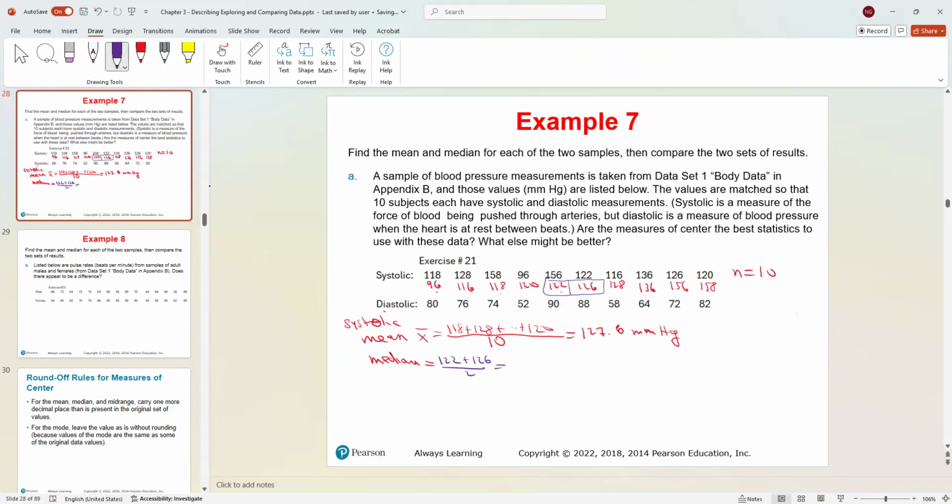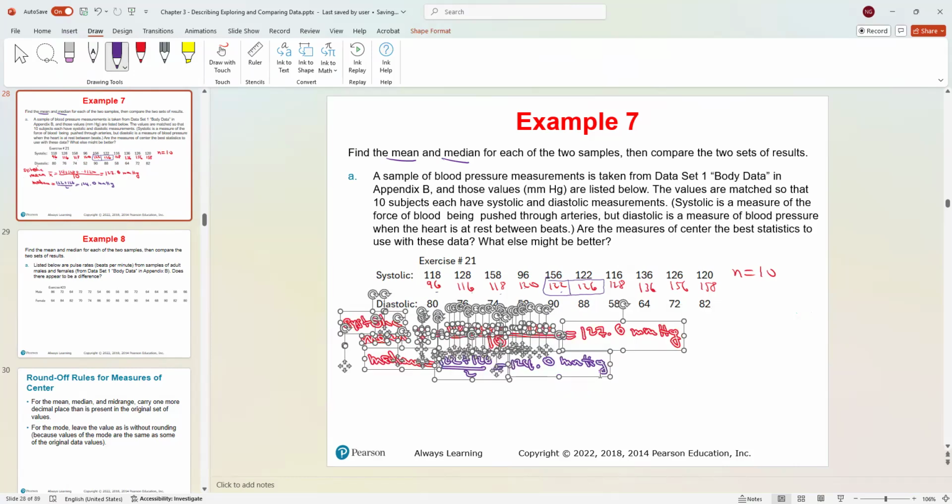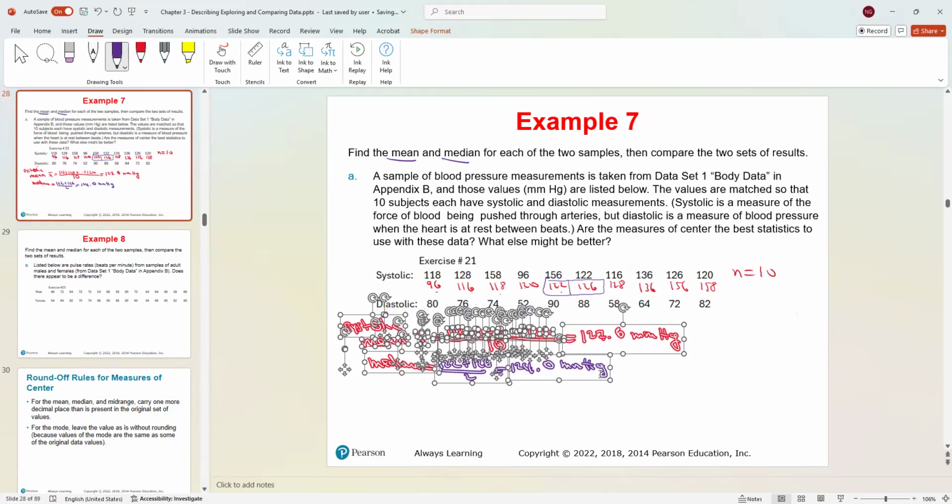When you divide this by 2, it gives you 124.0 mmHg. So this is the median. They ask you to find the mean and the median for each sample, then we're going to compare. So this is what we find for the systolic one.